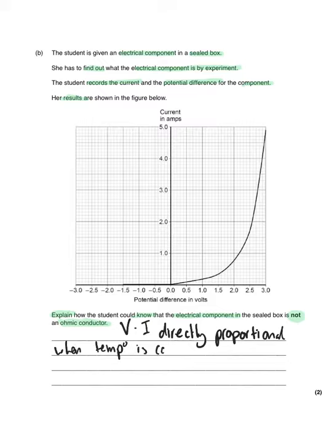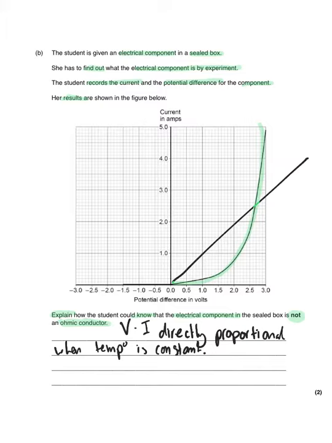I know that's what Ohm's law says, and I know that a directly proportional relationship on a graph looks like that. So I can see that this curve we've got here is definitely not directly proportional, because it starts off with a really steady gradual increase and then shoots up really quickly.